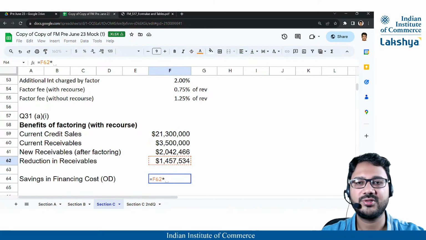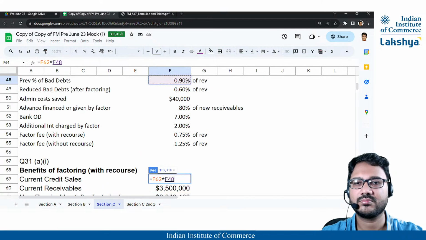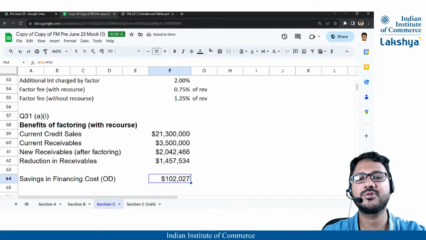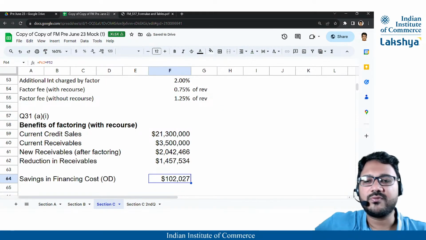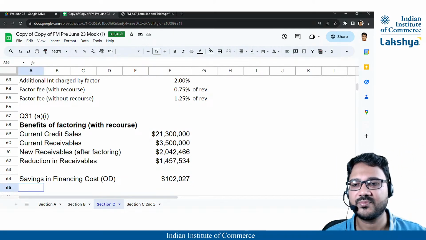So these into, okay, where is our receivable? All right, $102,000 is what we are saving in financing cost. That is the overdraft financing.